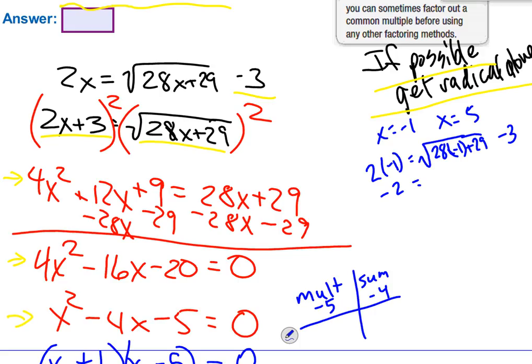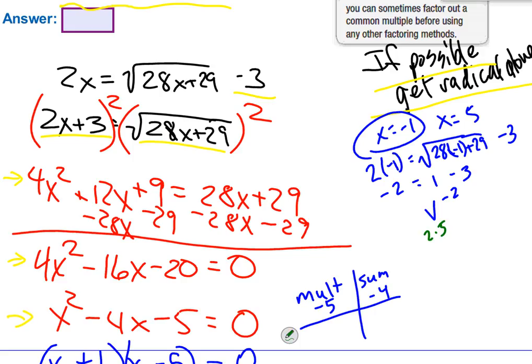What can happen is that when we get our x value and we put that in, we get the square root of a negative, and so it's not a real number. In this case, that's negative 28 plus 29, so it's the square root of 1, and so it's 1 minus 3, and so that's negative 2. So this answer works.